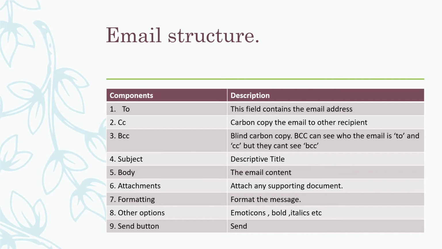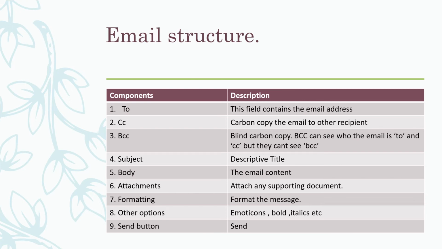Subject refers to the descriptive title of the email, and then the body. The body is the email content, what you have to write, dear sir, whatever the matter is. Attachments refers to any supportive document which you would like to add with your email in order to make it more impressive or supportive. Then comes formatting options.